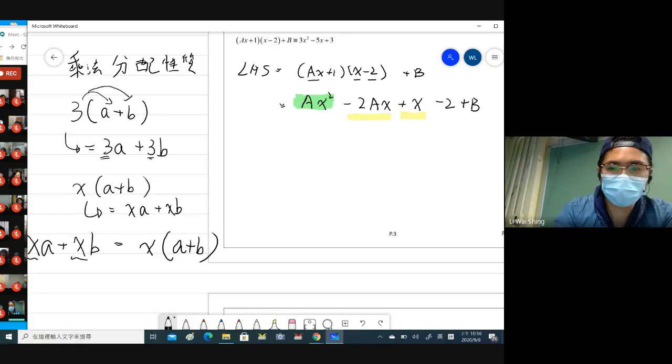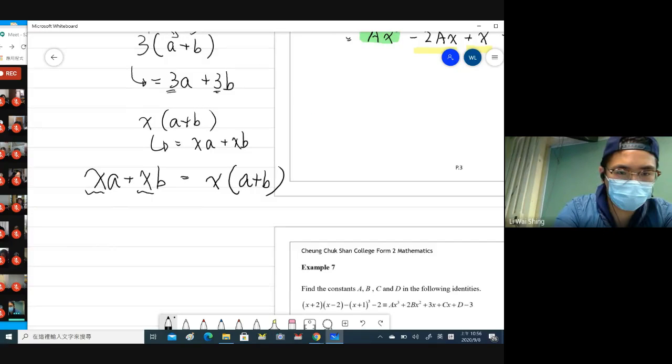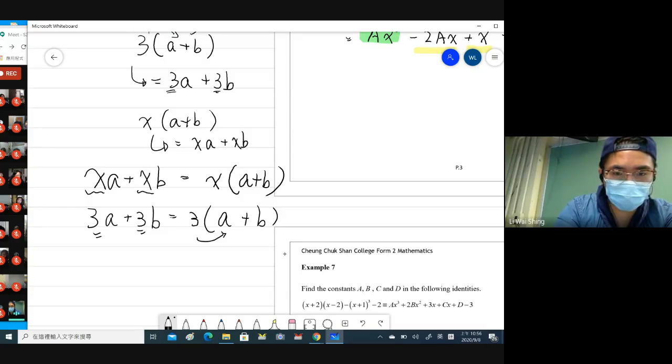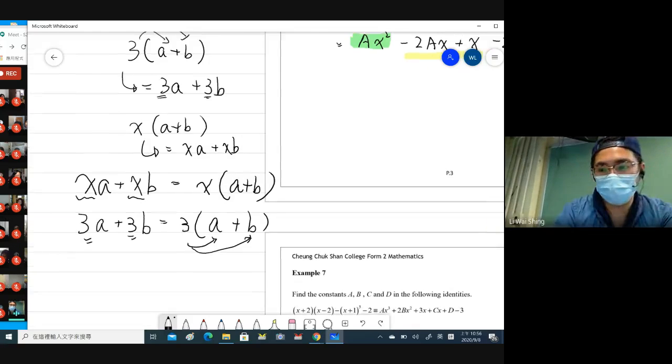Then we can have these skills here. Okay? Another example. 點樣逆向乘法分配性質啊？All of them have 3, right? So you can take it out. 3 times (a plus b), you can split it inside. So this time, if they both have 3, you can take it out.